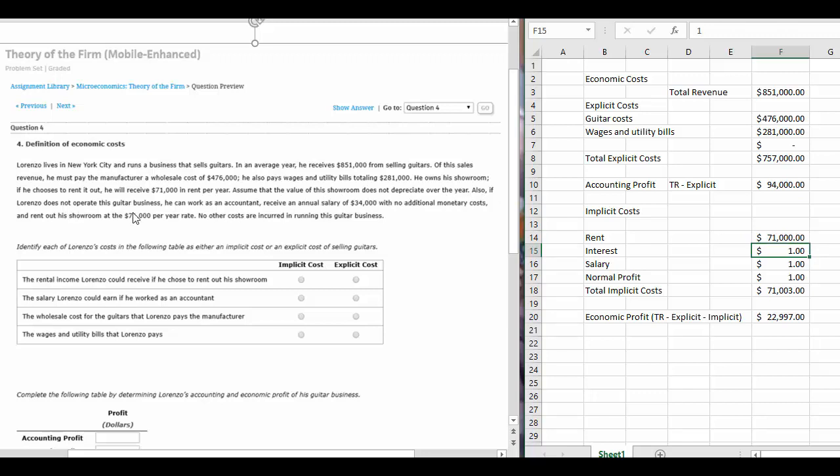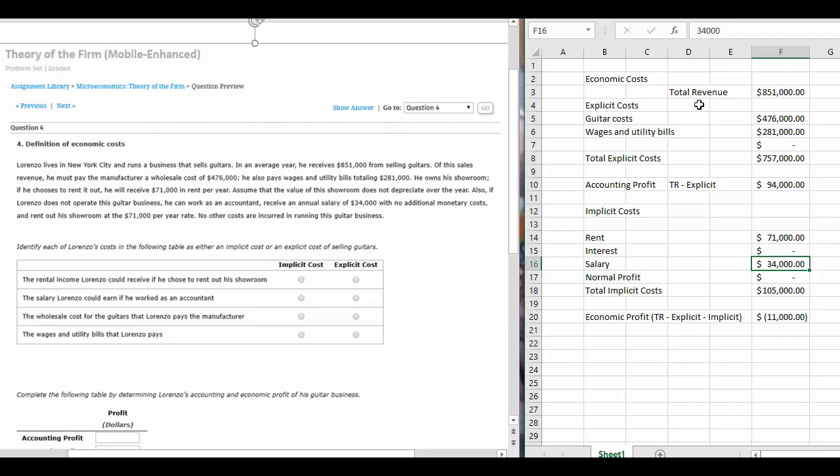Also, if he does not operate this business, he can work as an accountant and receive an annual salary of $34,000 with no additional cost. I just had ones in there just to get the formula to go.